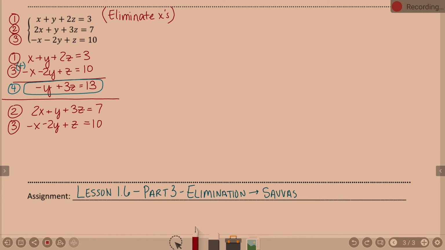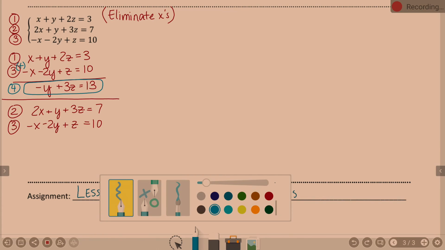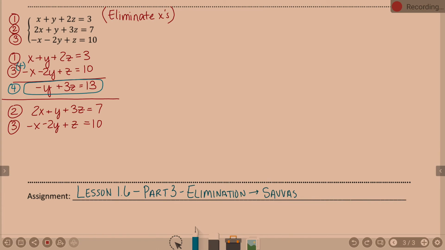Okay. If our goal is to eliminate x's, keep that goal in mind, right? What do we need to do to be able to eliminate x's? Multiply 3 by 2. Okay, equation 3 by 2. My brain had the bottom one in mind as opposed to number 3.